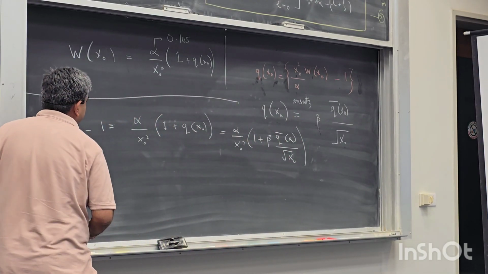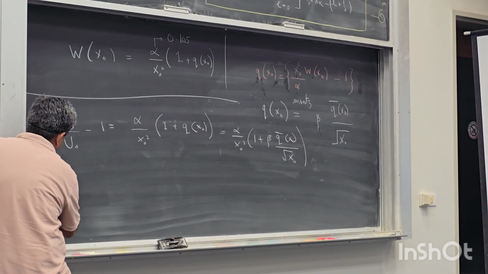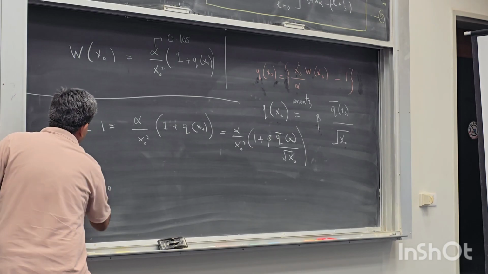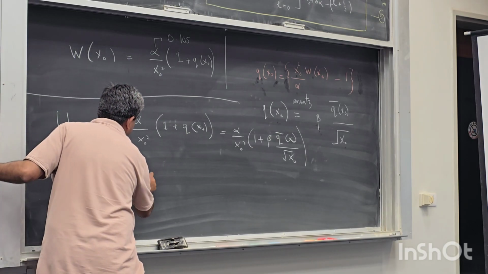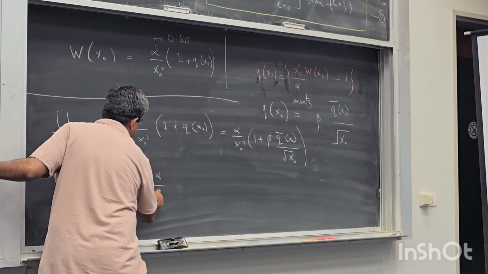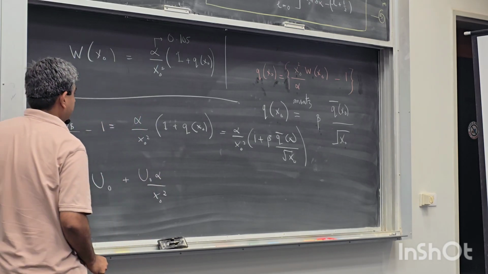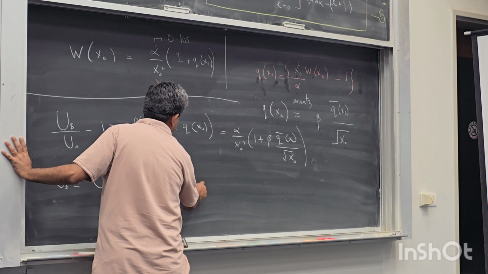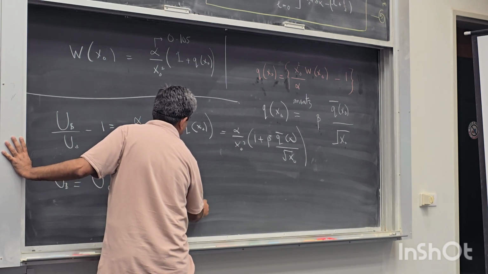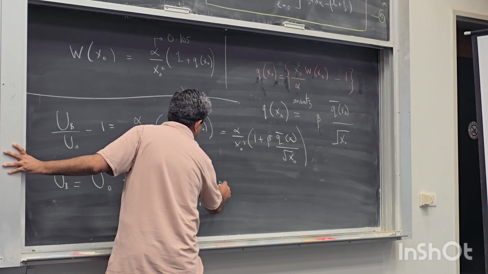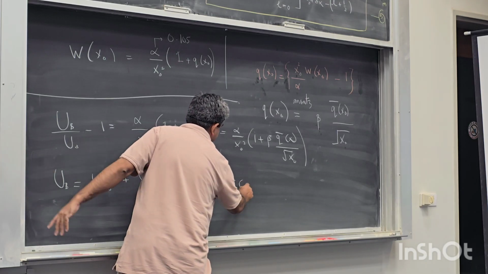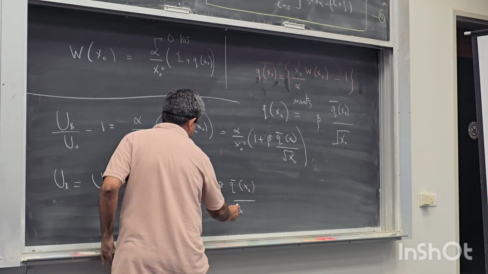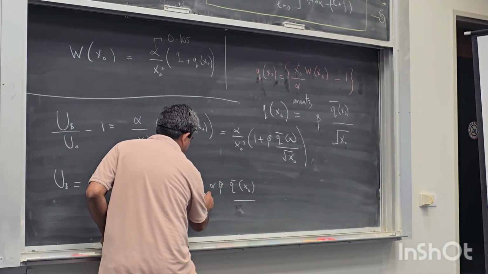So this would mean that my U B equals U naught plus U naught alpha over x naught square plus U naught over x naught square alpha beta x naught, another x naught, so this becomes x naught to the power 3 by 2.